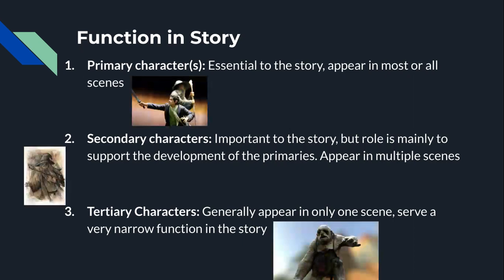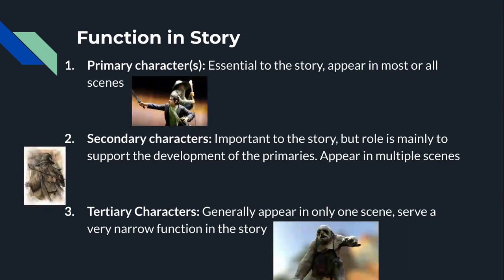So your primary characters, also commonly called main characters, are characters that are absolutely essential to the story in terms of moving the story forward. They appear in most or all of the scenes, and they're really the reason for the story and the thing that makes the plot go and moves it forward.